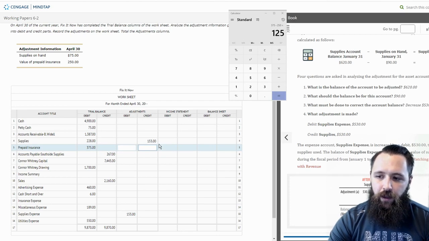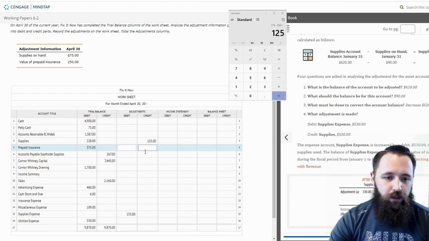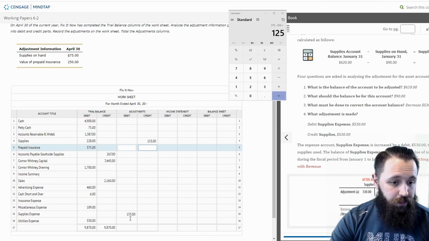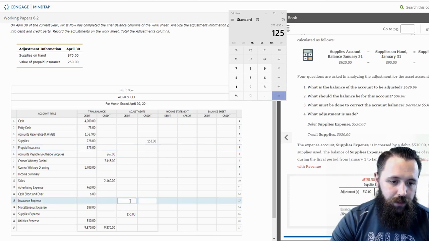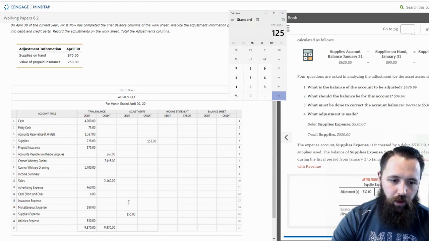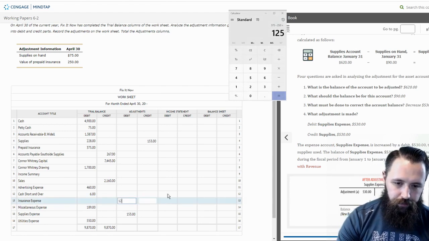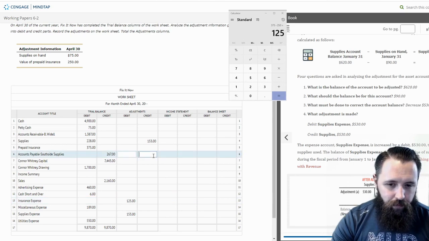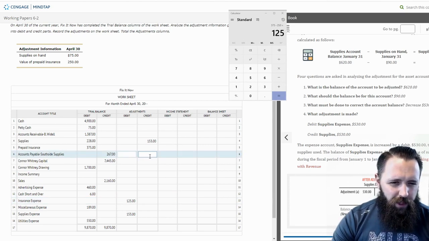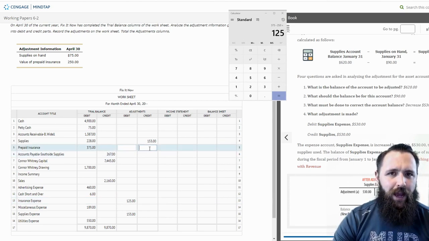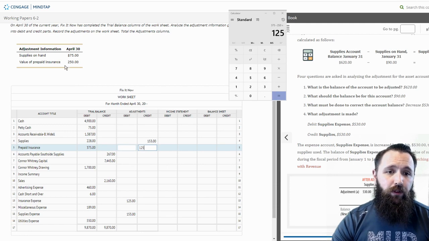Here, we want to go into insurance expense first, right? Because we always debit first. The insurance expense was $125. That's what we actually used. And then we have prepaid insurance up here, the asset, and we need to bring this asset down by $125. So our new balance is $250.